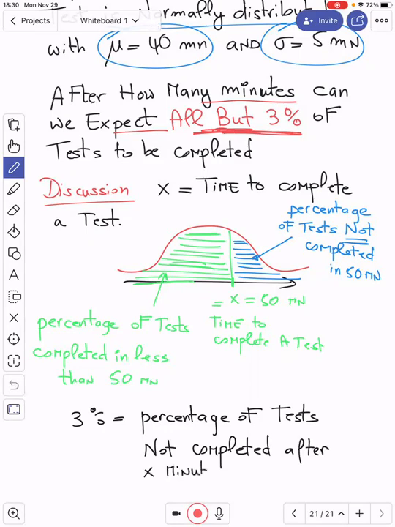And the variable x is unknown. That's actually what we need to find, the x. This is the unknown.